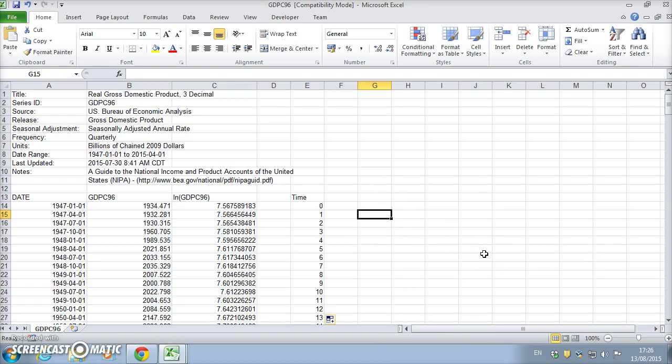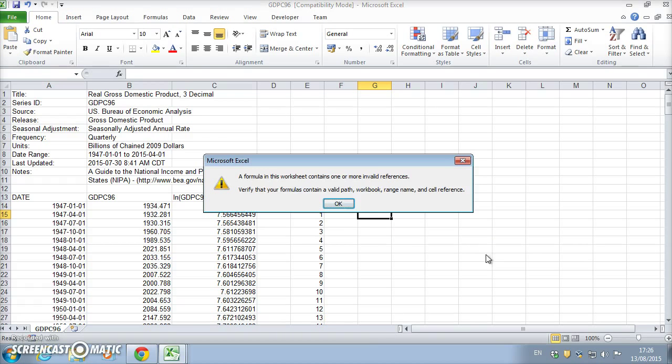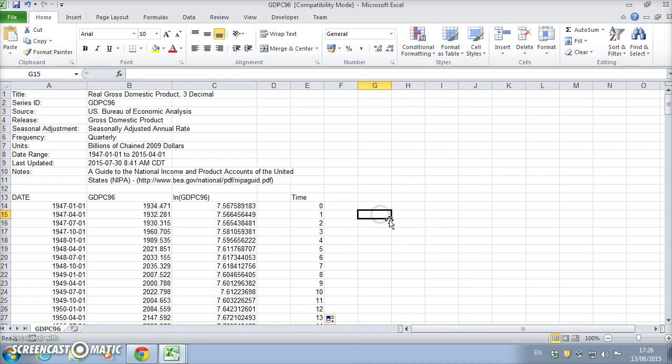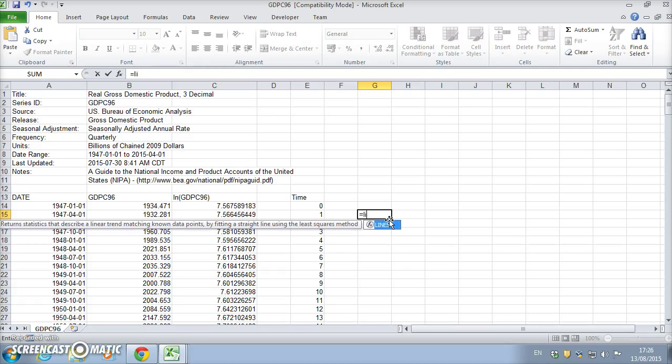So that would be equal to LINEST, which is the regression.